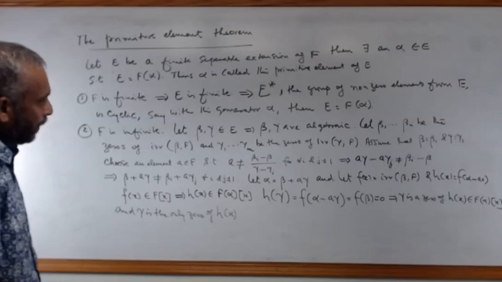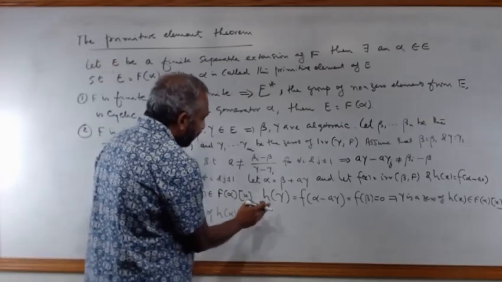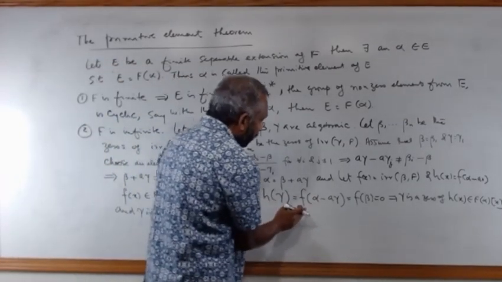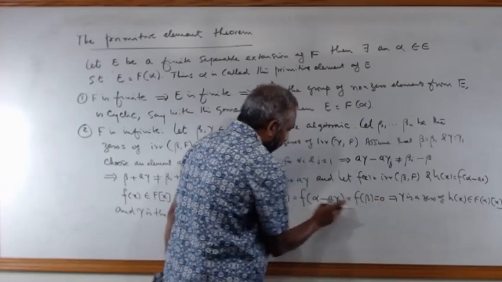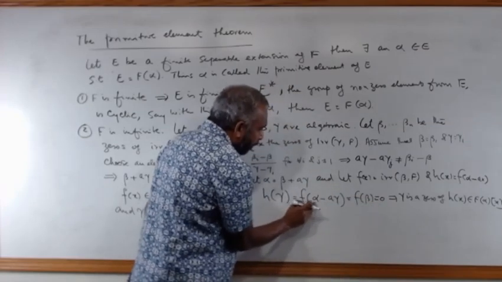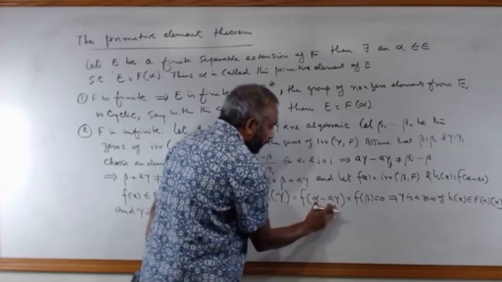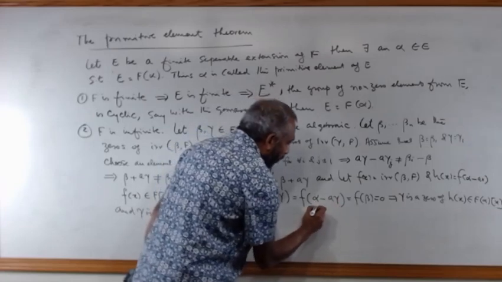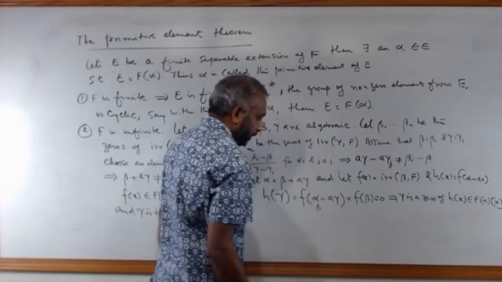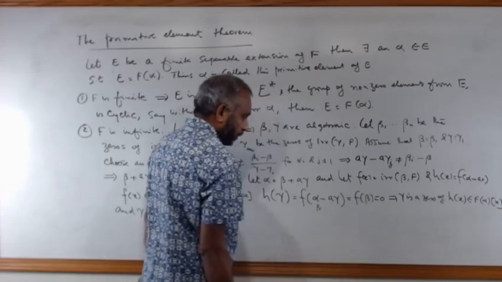Why? Because if this has to be 0, f of this should be 0. Meaning this has to be one of these bi's. Then only this will become 0.